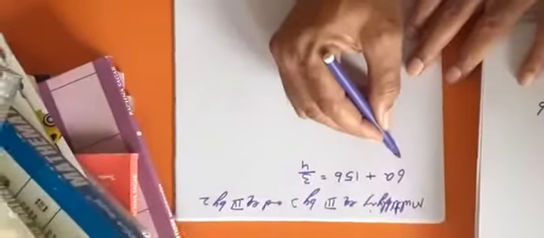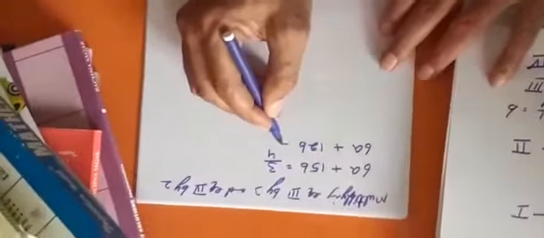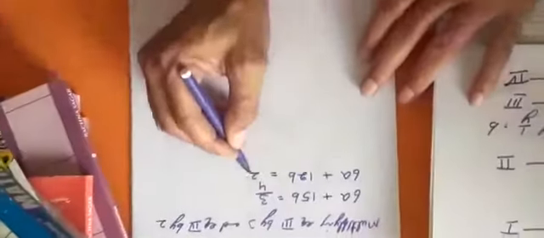Similarly, when you multiply this by 2, you get 6a plus 12b is equal to 2 upon 3.